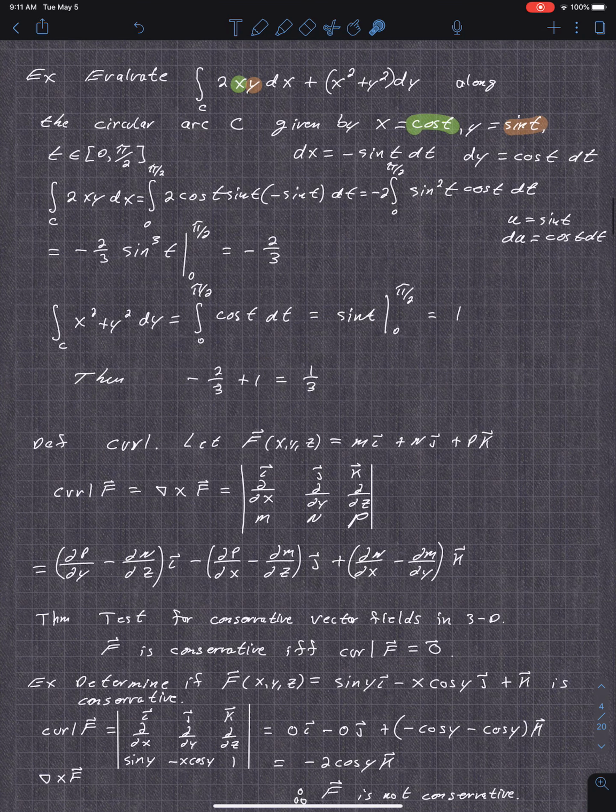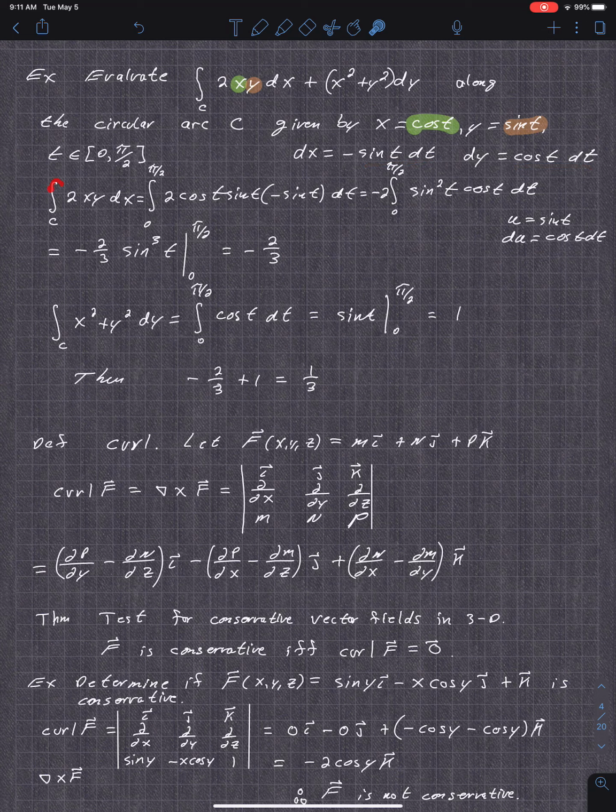Okay, so this is in differential form, and let's just do the calculation. Try this one. Evaluate this along C given by cosine t, sine t. If x and y are given like that, you have to take the derivatives with respect to t in each case.